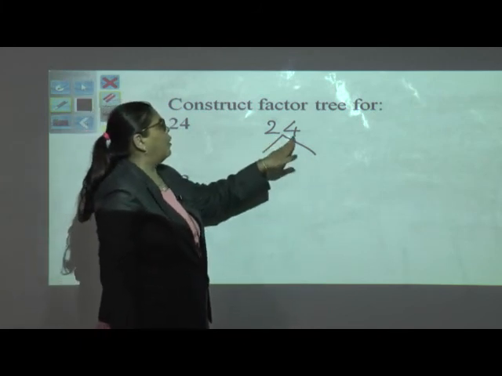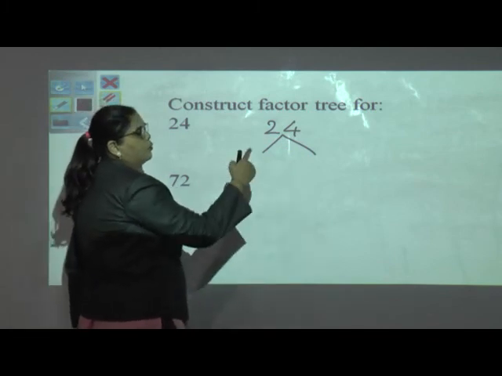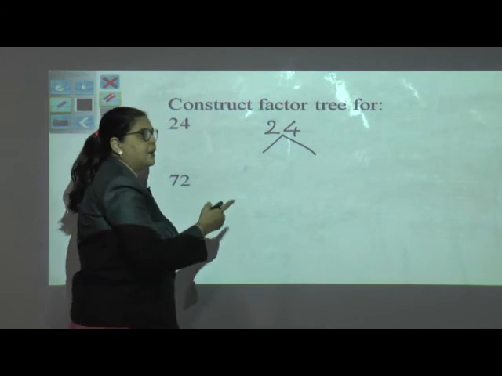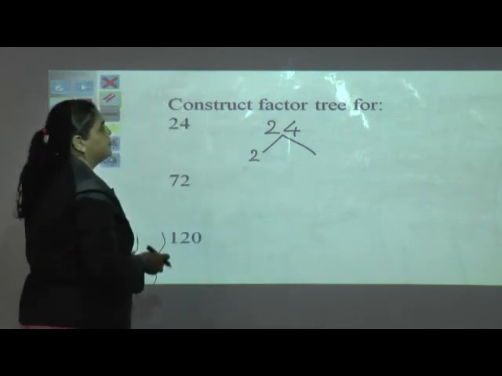Already it is an even number in the ones place, so it will be divisible by 2, giving a 0 in the remainder, which means it is exactly divisible by 2. So I will write here 2. What will be the factors of this?